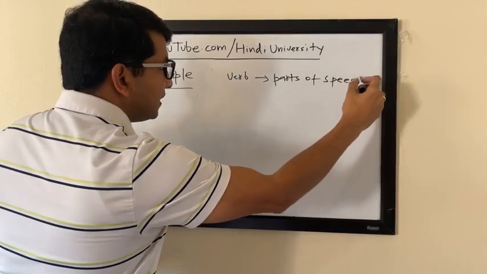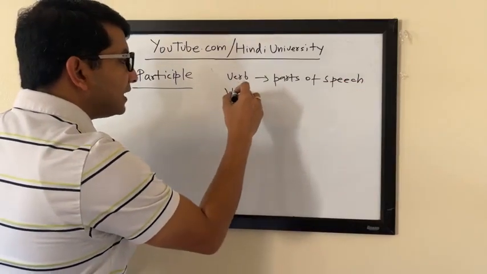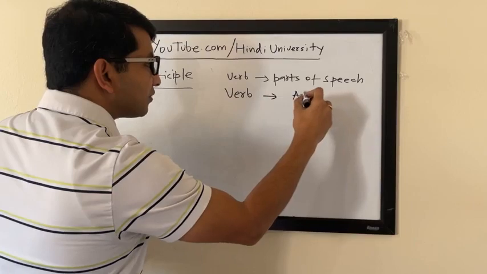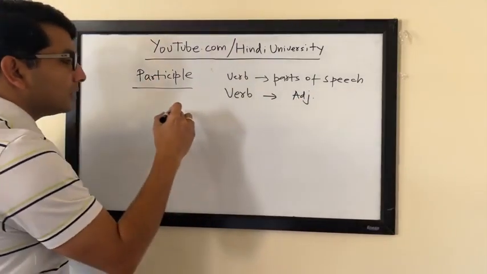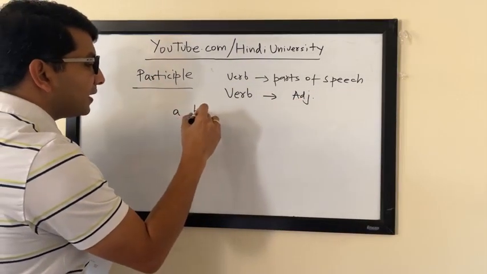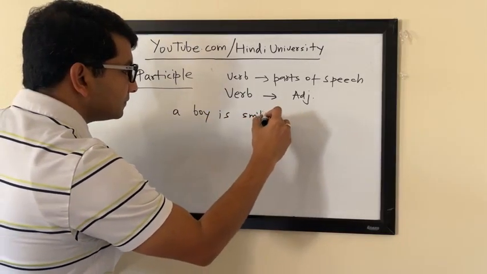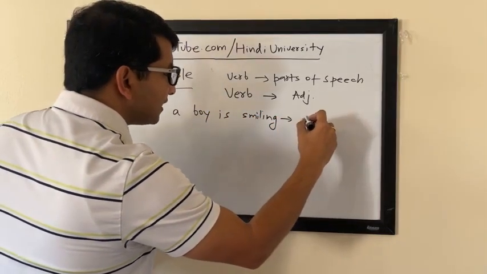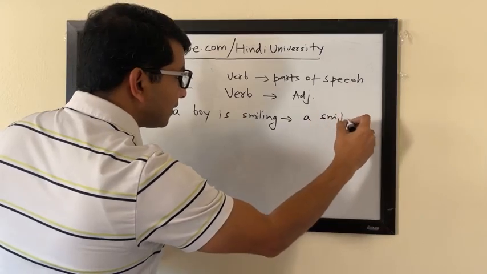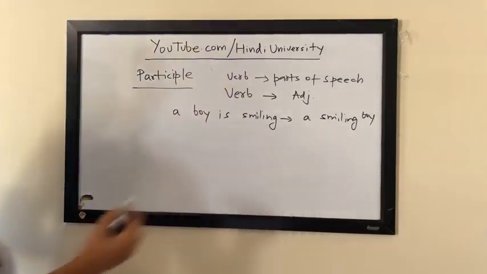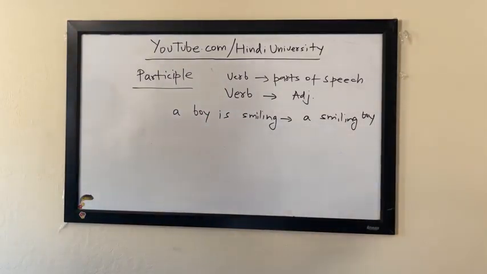They can have characteristics of adjectives, such as when we said a boy is smiling, and when you use it as a smiling boy, it is used as an adjective because it is describing that boy.